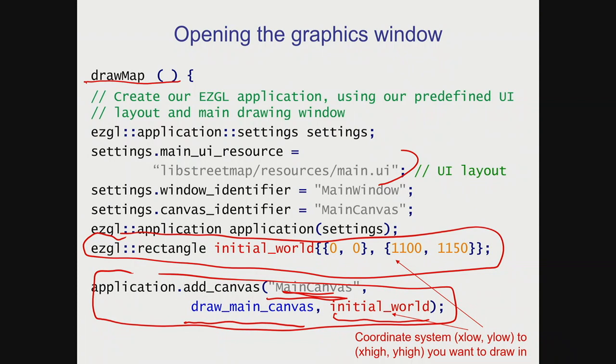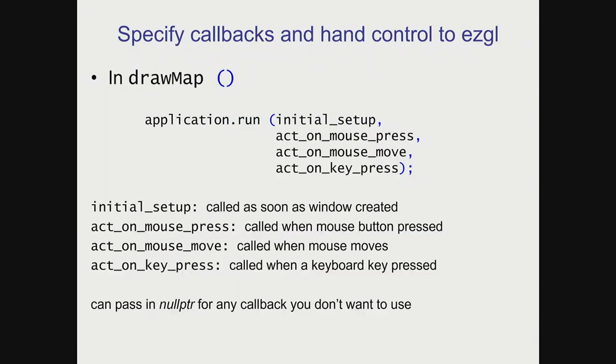That callback function will be called whenever the graphics need to be redrawn. Remember, the graphics package knows when a redraw is needed. I don't know that. But the graphics package doesn't know what to draw in this city visualization part of your user interface. So you tell it, well, when a redraw is needed, call this routine.